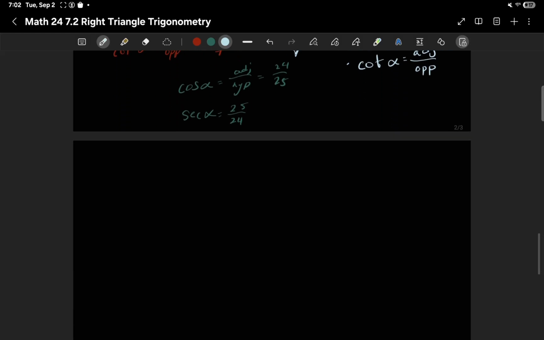Okay, so for our next example, I'm just going to draw a triangle, and then we're going to find the proportions for all 6 trigonometric functions. So let's say this is 8. Let's just stick to what we got here, and then we'll call this one alpha.